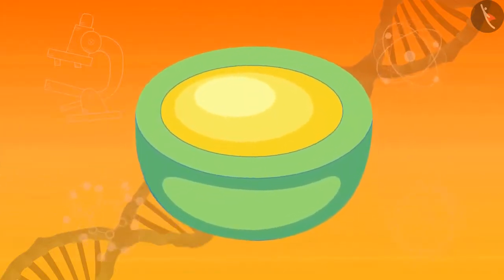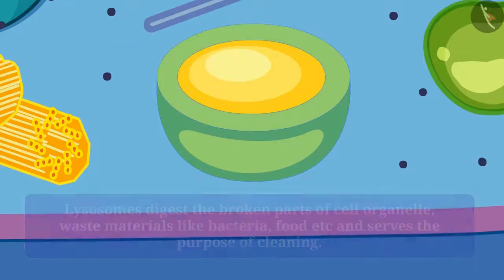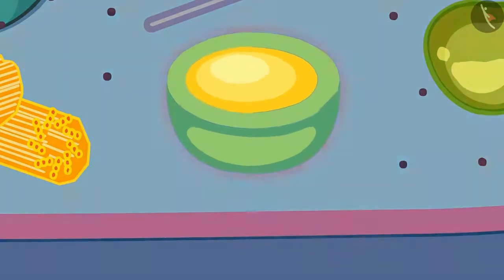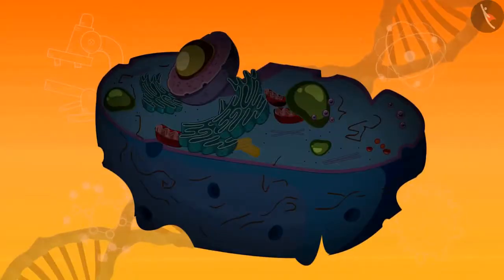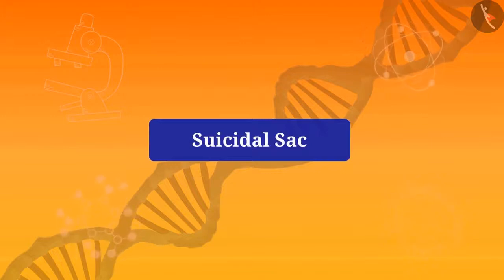Inside the cell, the broken parts of cell organelles and the residual material coming from outside, such as bacteria and food, go into the lysosome, and its digestive enzymes break it into small pieces and cleanse the cell. And when the cell is damaged or dead for any reason, the lysosomes burst and the enzymes digest their own cells. Hence, the lysosome is called the suicidal sac of the cell. So, in this way, the lysosome works to keep the cell clean.